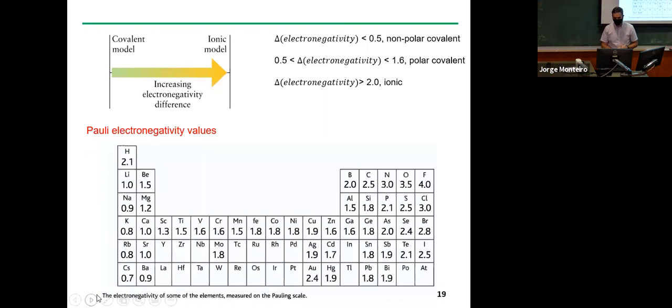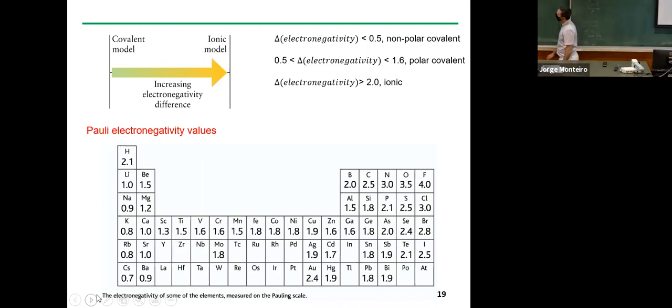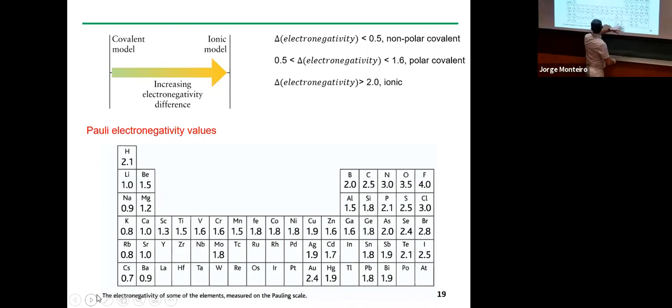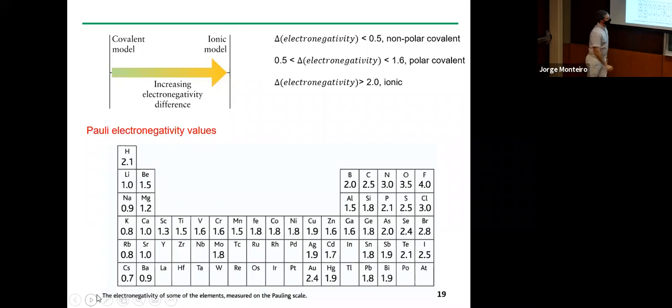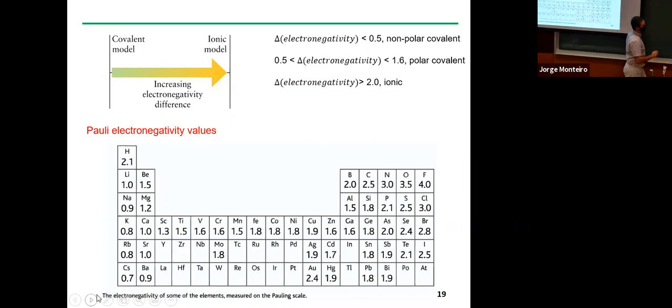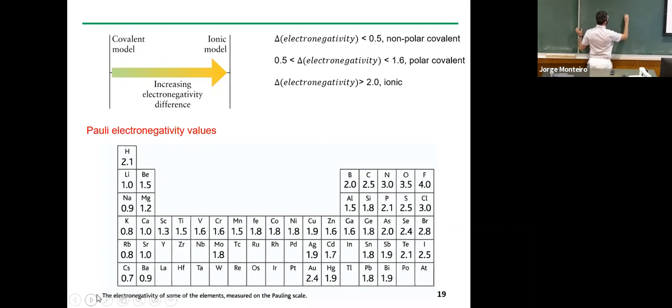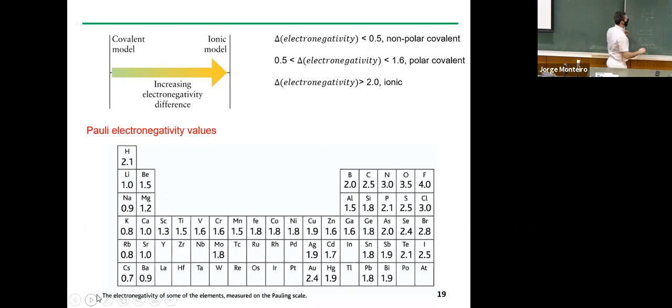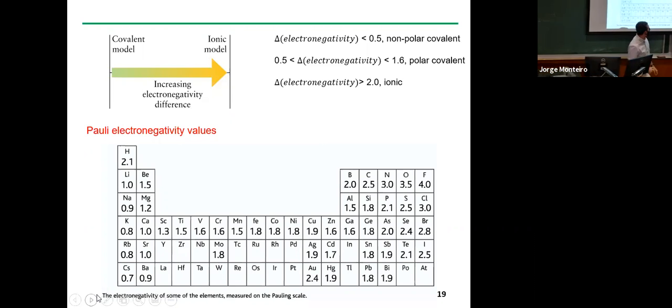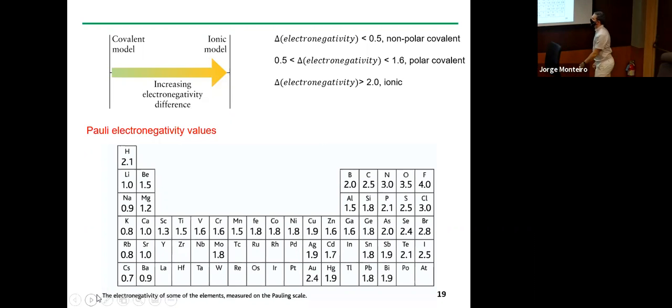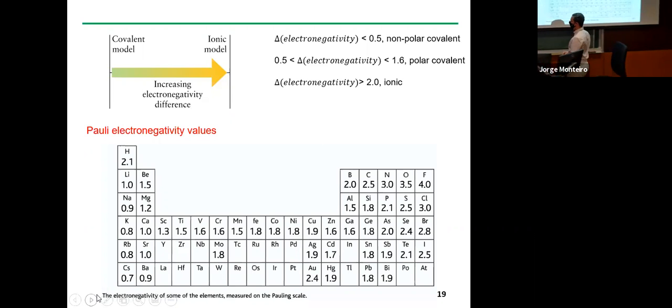Okay, very good. Here we have the Pauling electronegativity values. If we look, for example, at the bond between carbon and hydrogen, and determine the difference in electronegativity, you're going to see that carbon is 2.5, hydrogen is 2.1.